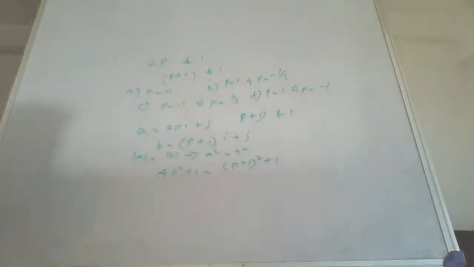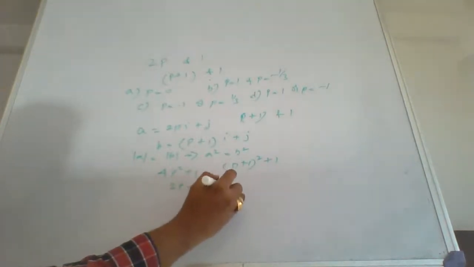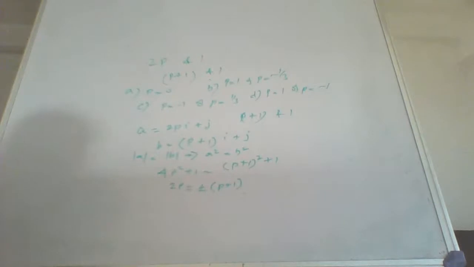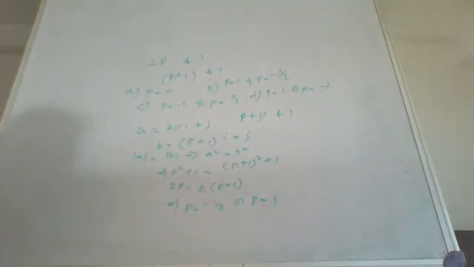Solving this, you get P as minus 1 by 3 or P as 1. So the choice is b. This is the result for that.